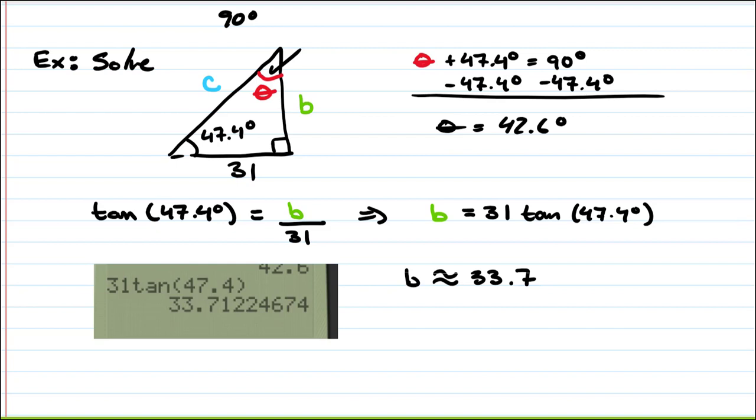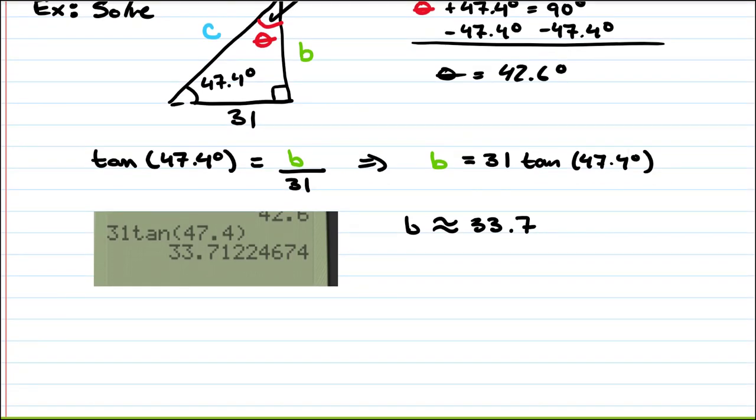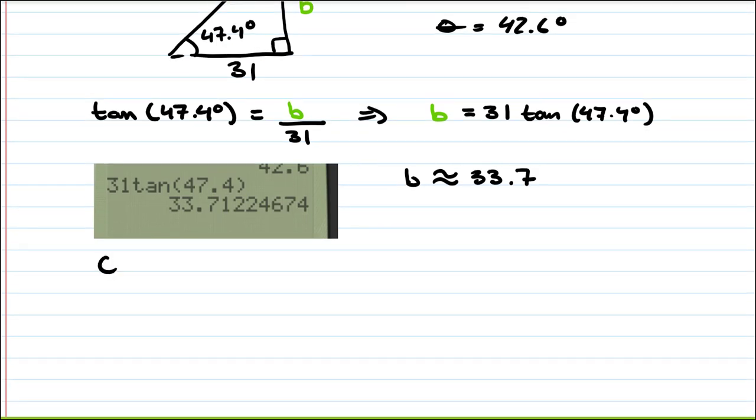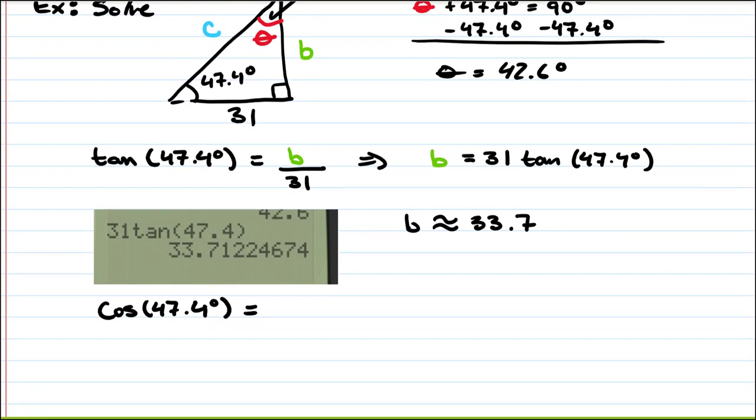And then lastly, we now need C. So I still know my adjacent and I want hypotenuse. So adjacent and hypotenuse are related by the trigonometric function cosine. So then the cosine of 47.4 degrees is equal to adjacent over hypotenuse, so 31 over our hypotenuse C. If I solve this for C, that gives me C is equal to 31 over the cosine of 47.4 degrees.